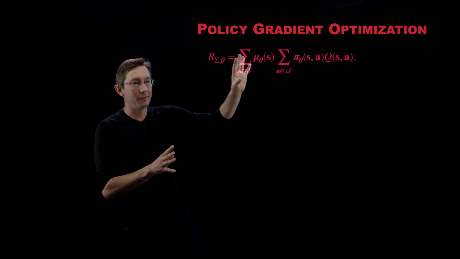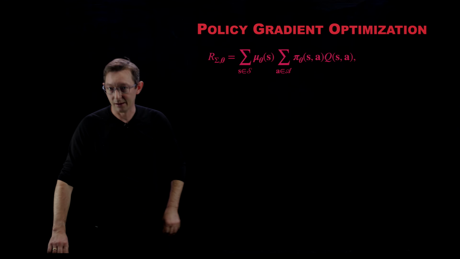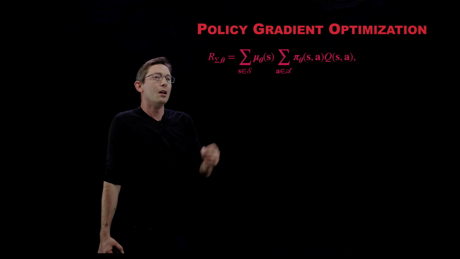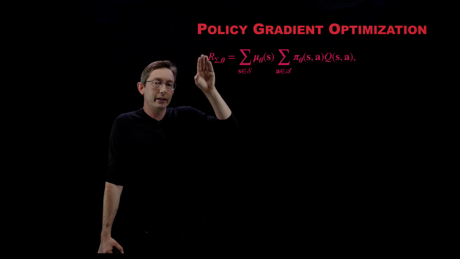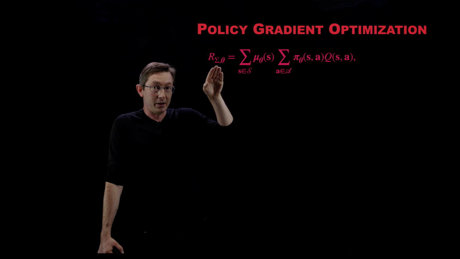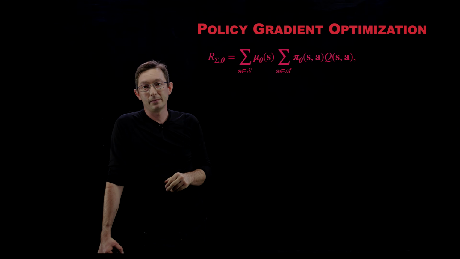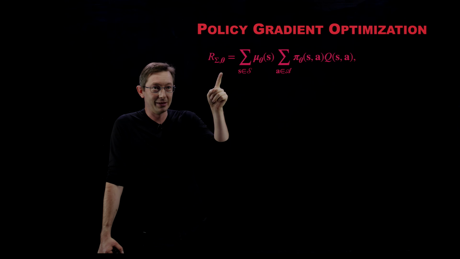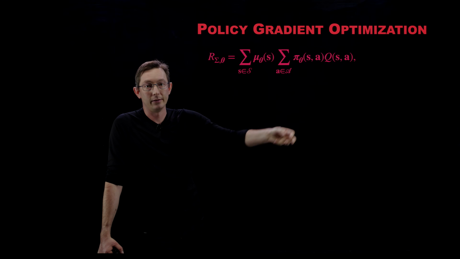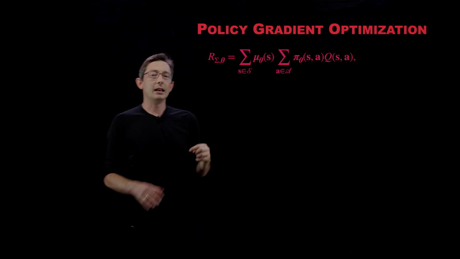Again, if you don't love math, you can skip this next 5 minutes, but I think this is important. Okay, so the cumulative future reward, R, given a set of parameters theta for my policy, so you can think of theta as being a policy if you like, is the following.